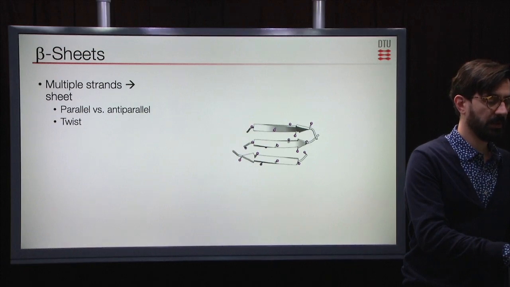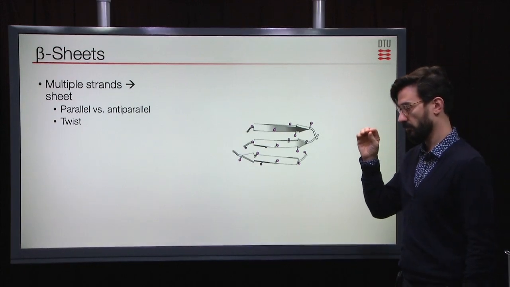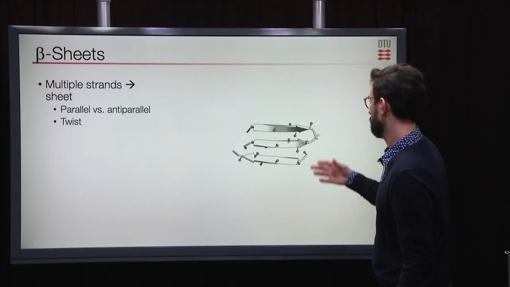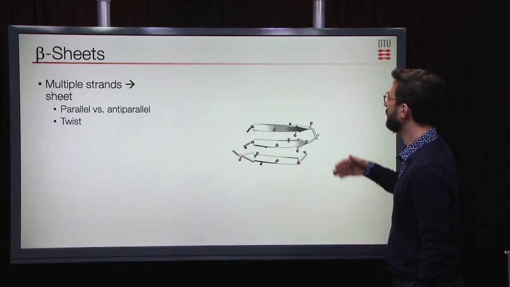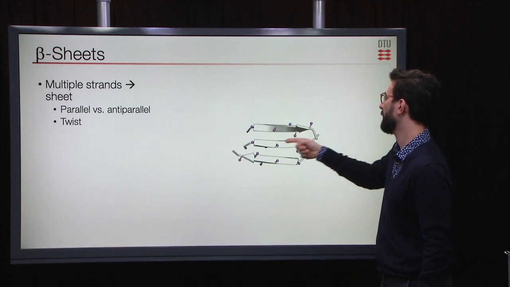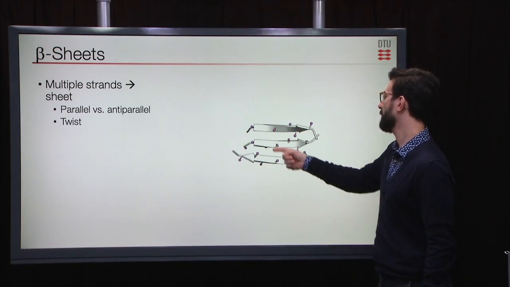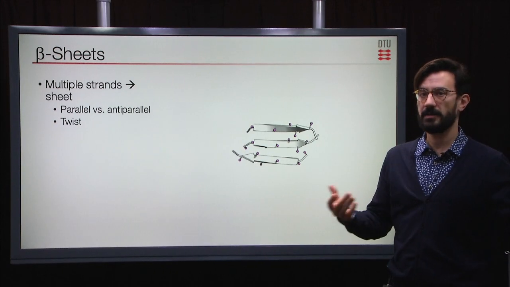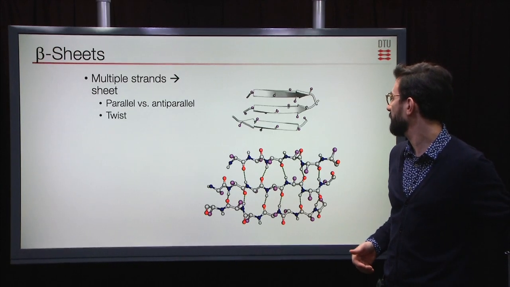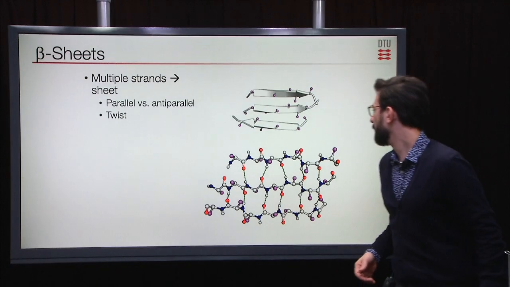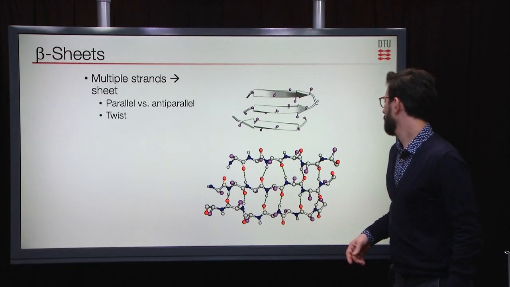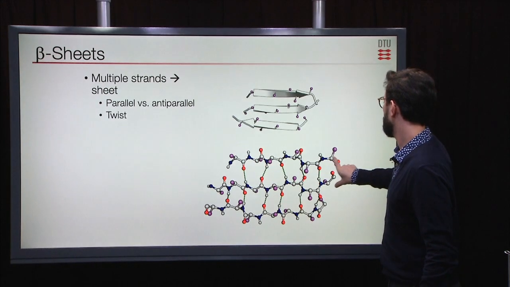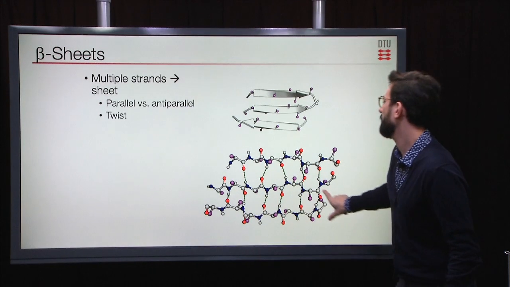One important characteristic of beta strands, or interaction of beta strands, is that they can interact either in a parallel fashion or in an antiparallel fashion. What is defining this interaction? Let's have a look here. This is the same representation in which we have the two parallel strands here and the two antiparallel strands here.